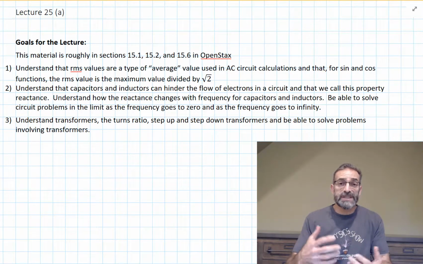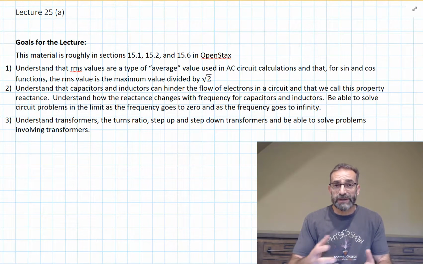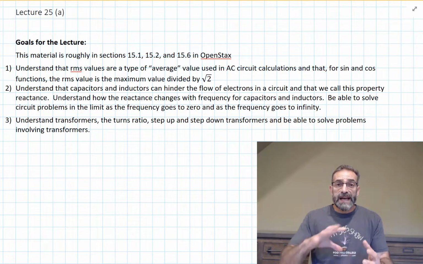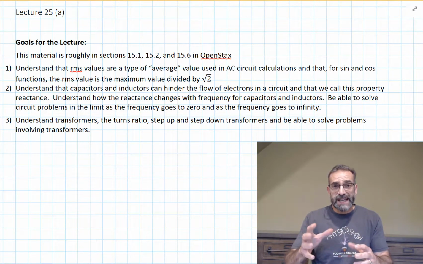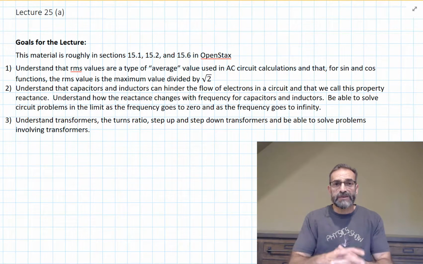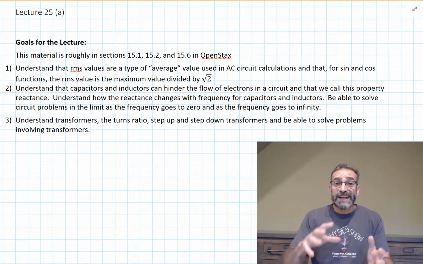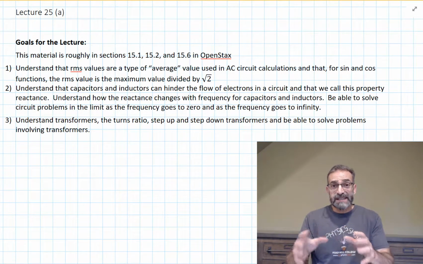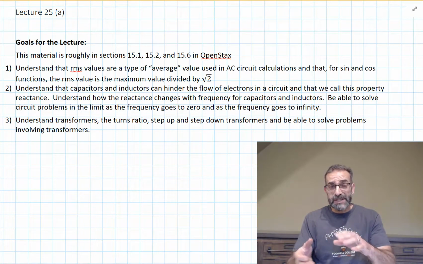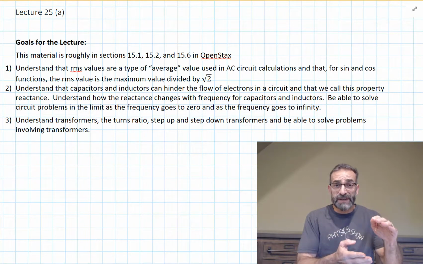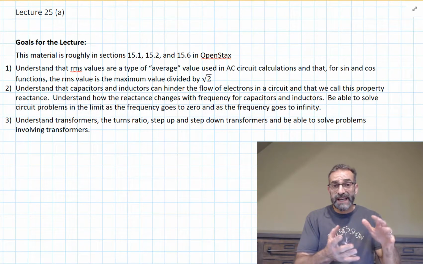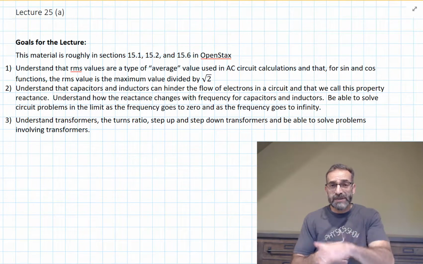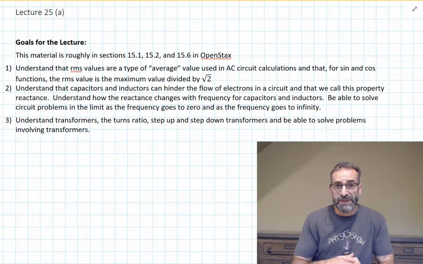Well, that's true once the circuit's been hooked up for a little bit of time. As soon as things come to a steady state, which happens in 100 milliseconds or so, the current stays constant, moving in the same direction because our potential difference is constant and always pushing the electrons in the same direction through the circuit.